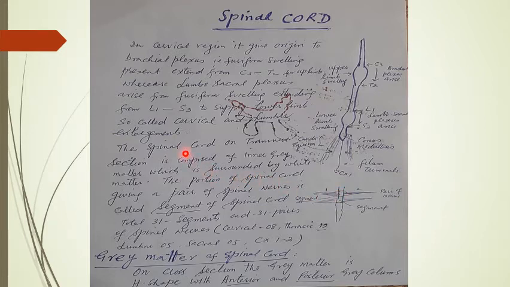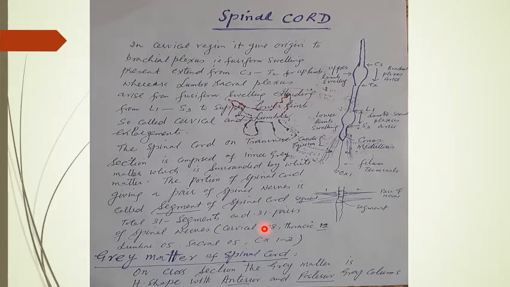So the spinal cord on transverse section is composed of inner gray matter which is surrounded by white matter. The portion of the spinal cord giving a pair of spinal nerves is called a segment of the spinal cord. Total 31 segments and 31 pairs of spinal nerves. That is cervical 8 segments.